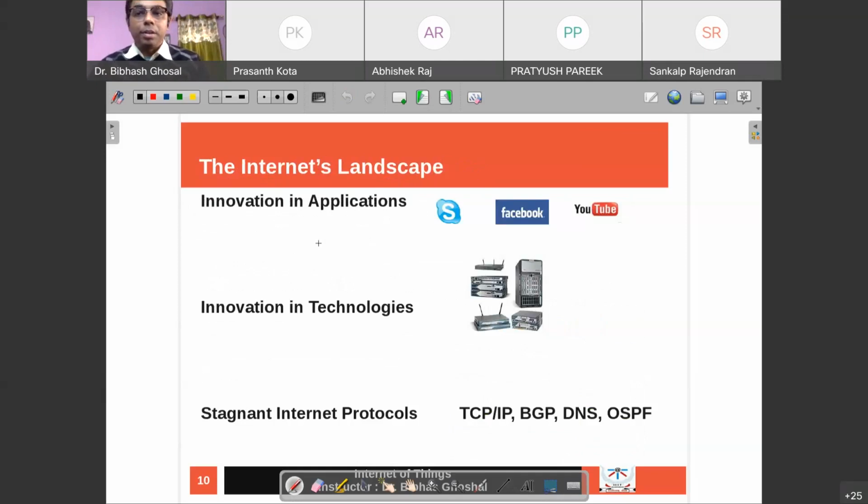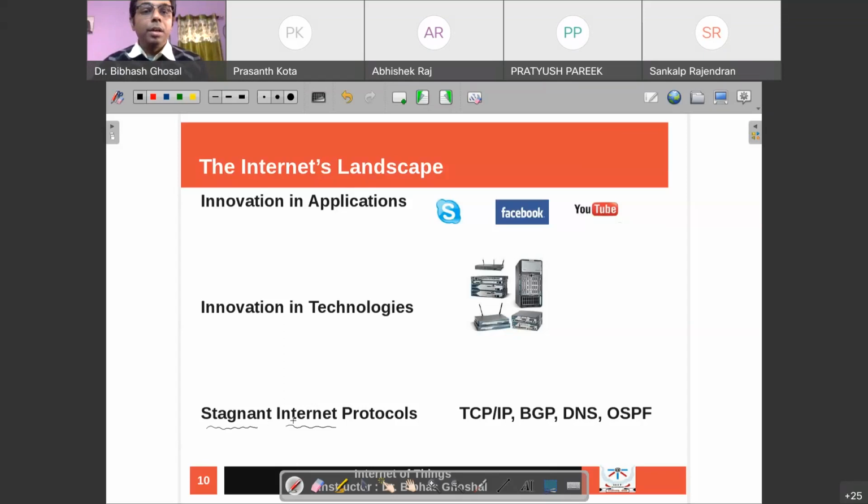There has been innovation in the technologies. We have moved from simple machines to servers to data centers and whatnot. But the protocols are where they used to be 10 years ago. It has become stagnant.